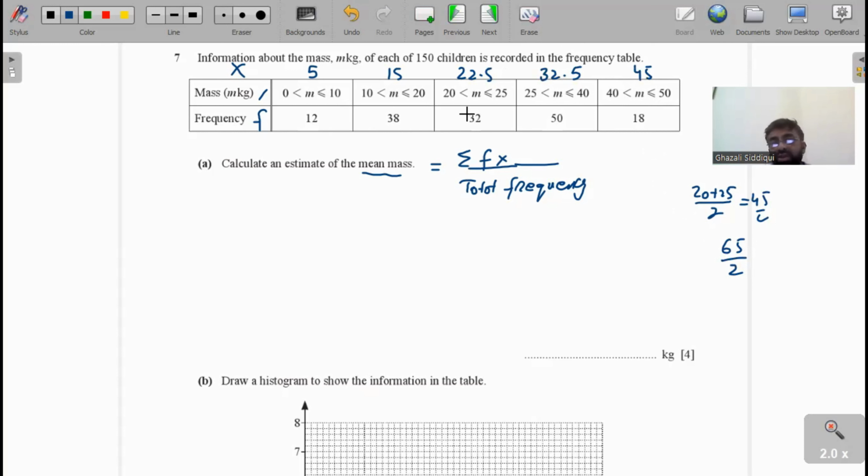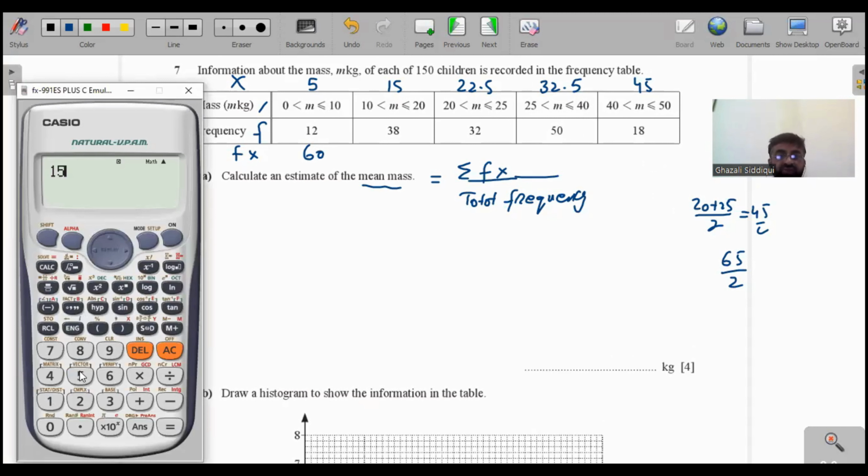Now the frequencies are given here. Now to find fx, we multiply. 12 multiplied by 5 is 60. Then 38 multiplied by 15 gives 570. Next is 32 multiplied by 22.5, we get 720. 32.5 multiplied by 50, we get 1625. 18 multiplied by 45 gets 810.